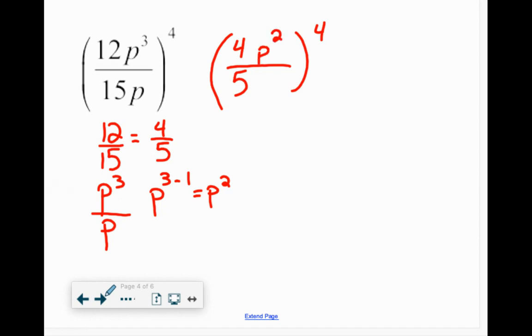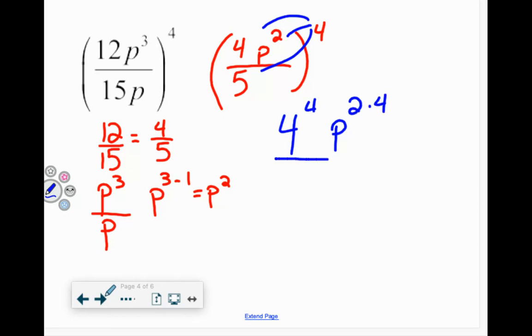Awesome, so now we have our new one. Now we can distribute that 4 and have a nicer problem. That 4 goes to both of those, so really we have 4 to the 4th, p to the 2 times 4, over 5 to the 4th.